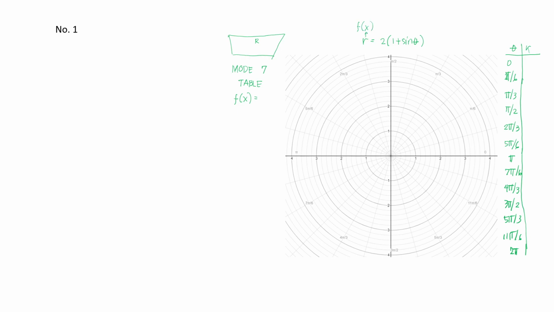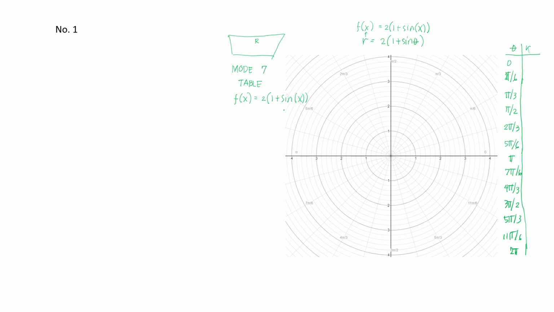Diba? So muna siya itong r is equal to 2 times 1 plus sine and then alpha x. So that's what you're going to plug in: 2 times 1 plus sine alpha x and then equal sign.